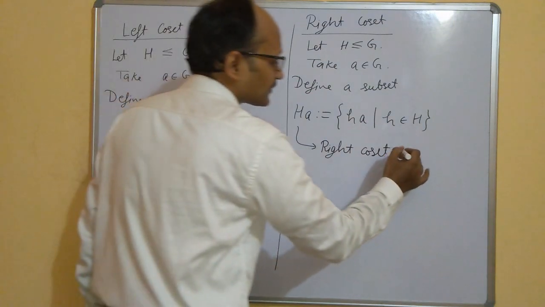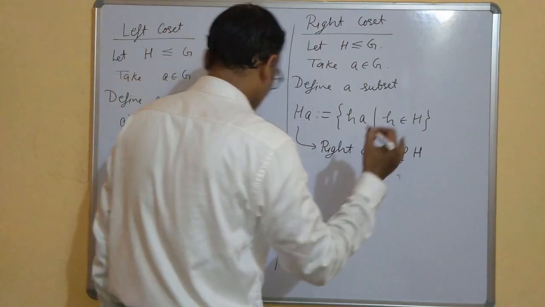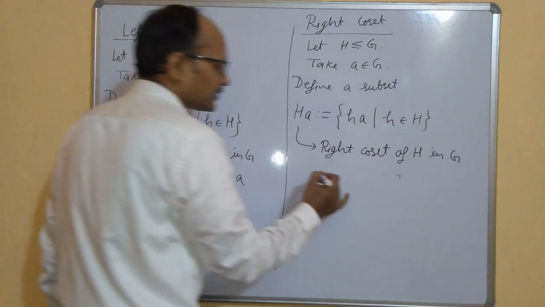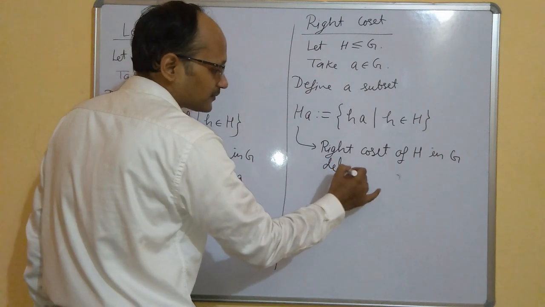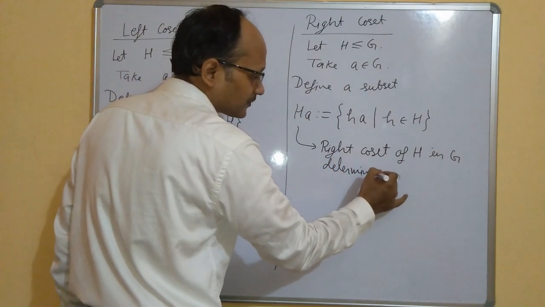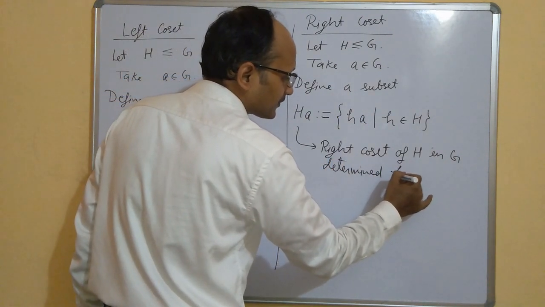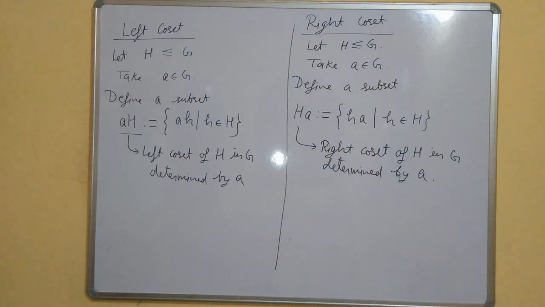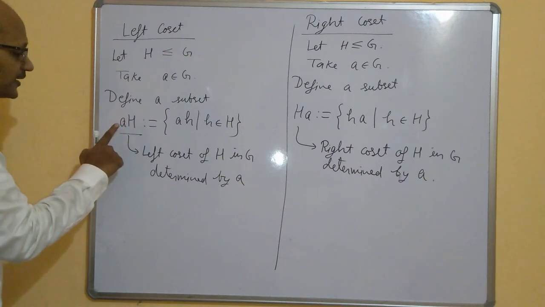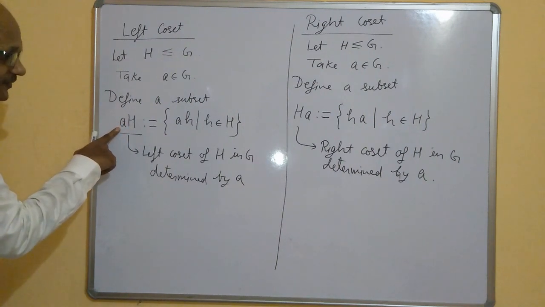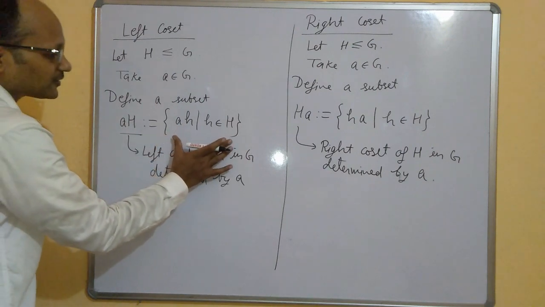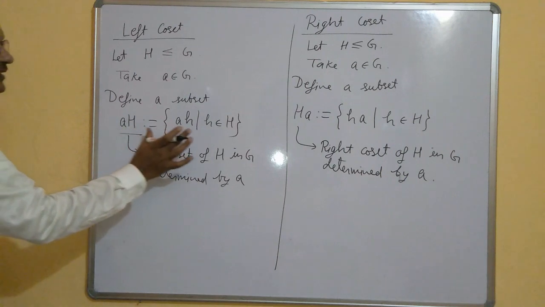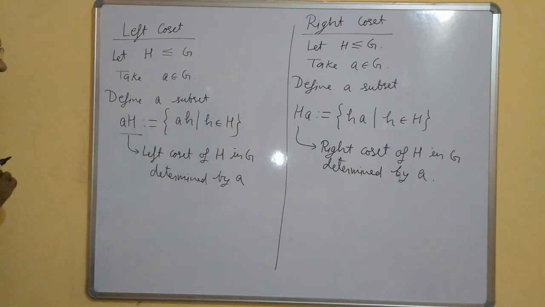So this is right coset of H in G determined by a. So we will see that when we change a, this subset may change, and sometimes for different a's this subset may be the same.